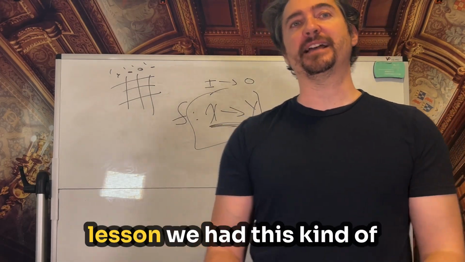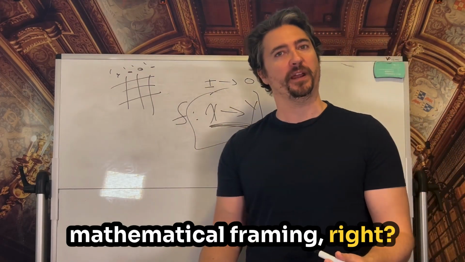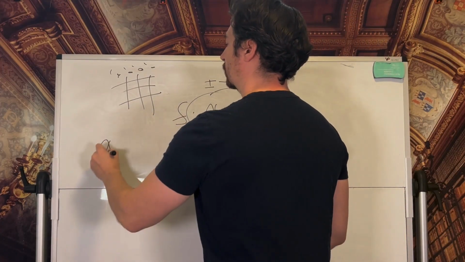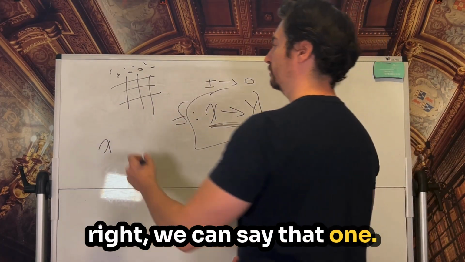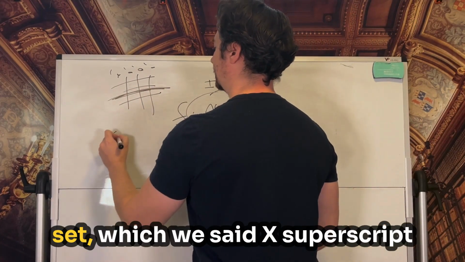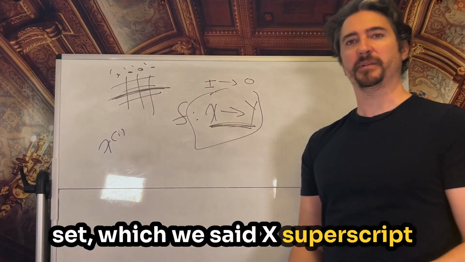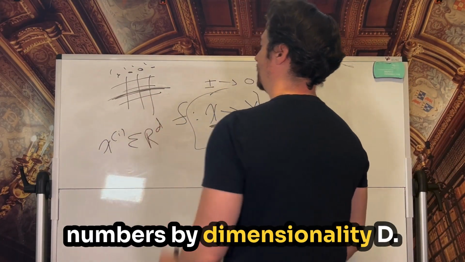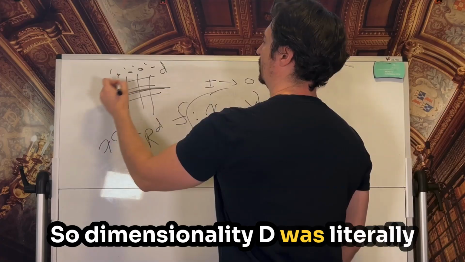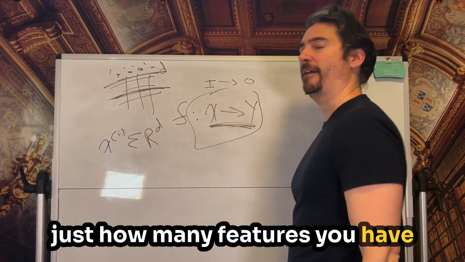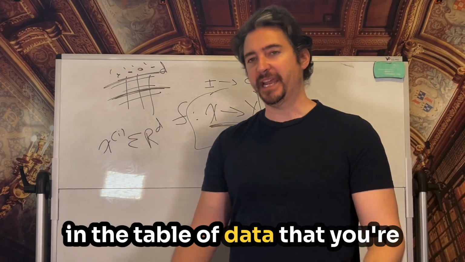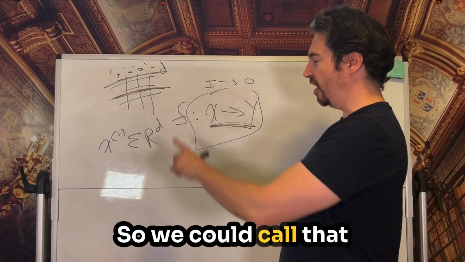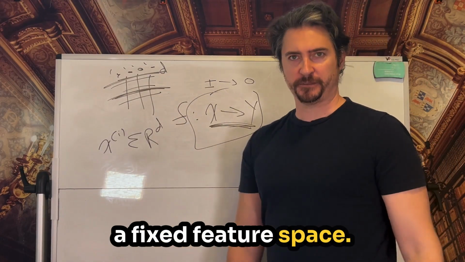Remember from the previous lesson, we had this mathematical framing, right? If we're looking at the data here, let's say one row of that data set, which we said X superscript i, belongs to the real numbers of dimensionality D. Dimensionality D was literally just how many features you have in the table of data that you're using to train your model, literally the number of columns. So we could call that a fixed feature space.